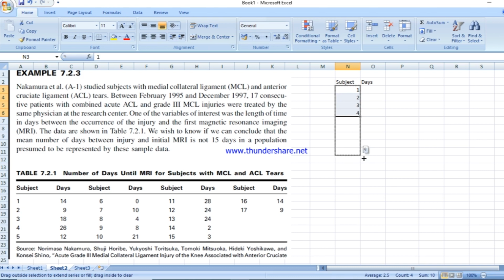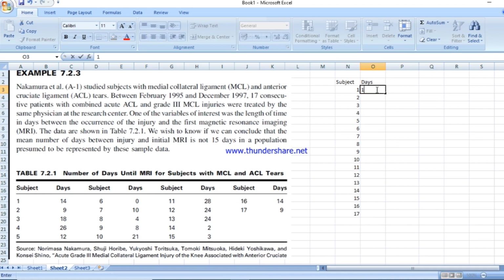So we are entering the data. Now, since this is used for testing the mean of a single population, we'll first find x bar or m, and that x bar is the average of the days.